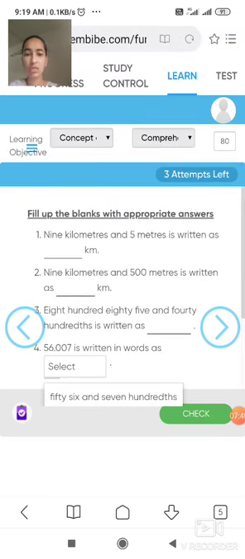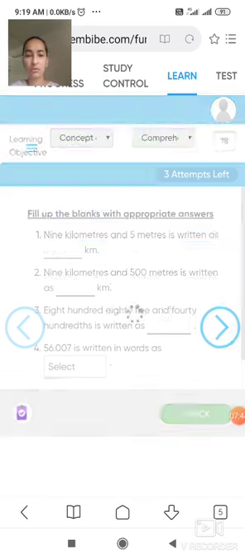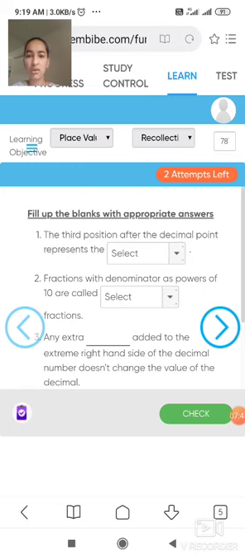Okay, let's take another example. All the questions are fill-ups. Fill up the blanks with the appropriate answer. The third position after the decimal point represents the dash.